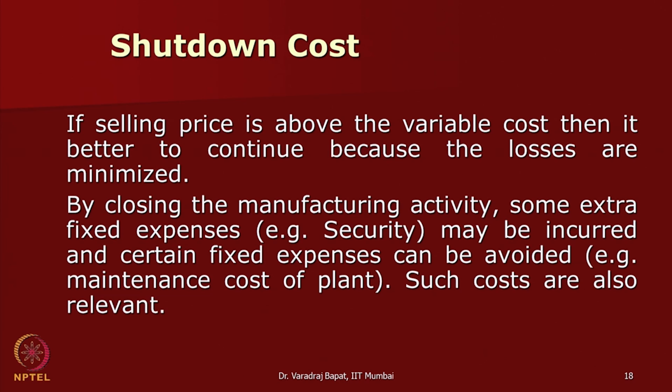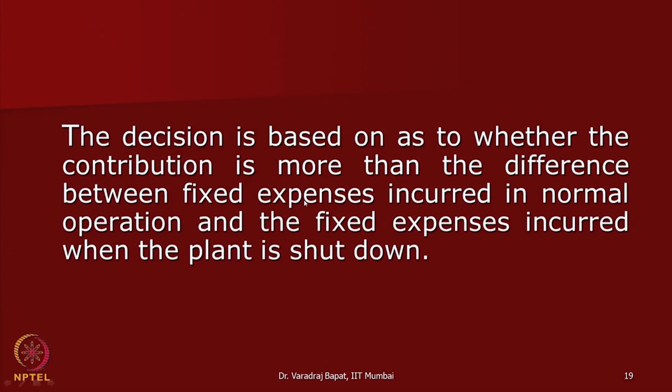When you close a manufacturing facility, there may be some extra fixed costs like security. Similarly, some of the fixed costs may be reduced like maintenance. So we will have to consider those relevant costs only to the extent they are going to change. So the decision should be based on whether the contribution is more than the difference between fixed overhead expenses in the normal course and fixed overheads when the plant is closed.